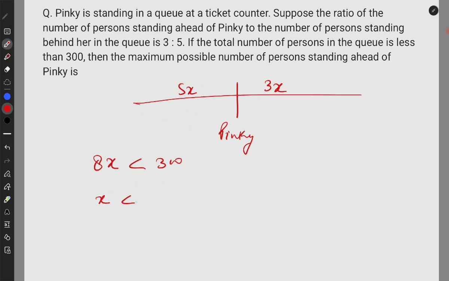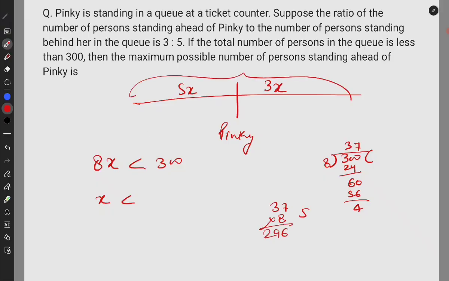So x could be, what is the number nearest to 300 that is a multiple of 8? So 300 divided by 8, 8 3 times 24, 8 7 times 56. So 37 multiplied by 8, 8 7 56, 296. So let's assume that there are 296 people, which is less than 300.